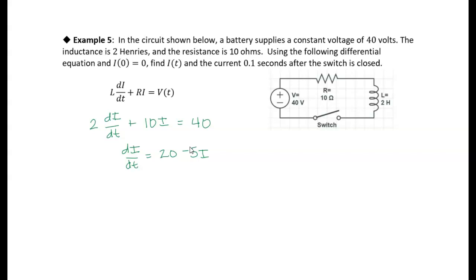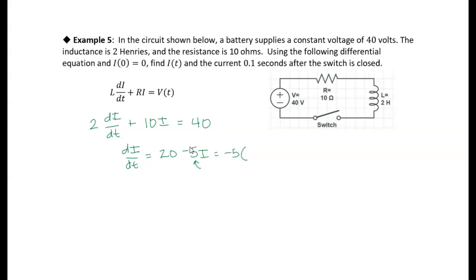One tip, it's not a hard and fast rule, but I tend to like to work with positive coefficients on the variable. So here we have a minus 5. It's just much easier sometimes if you have a positive, especially a positive 1 coefficient. So I'm going to actually factor out a minus 5.